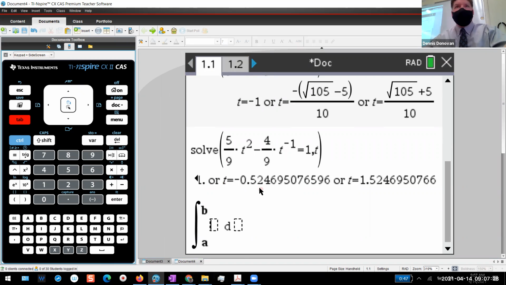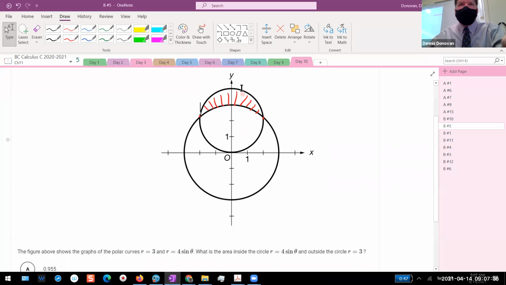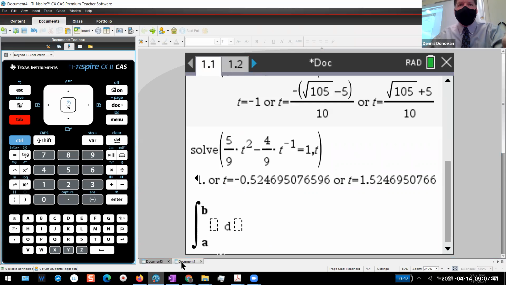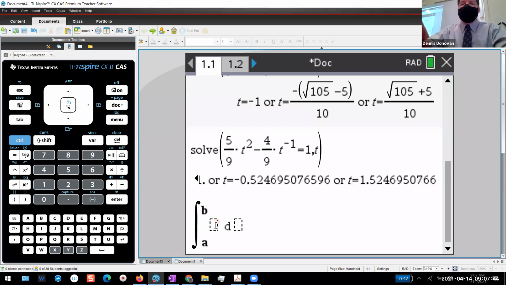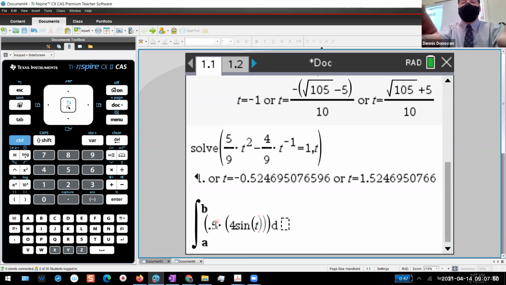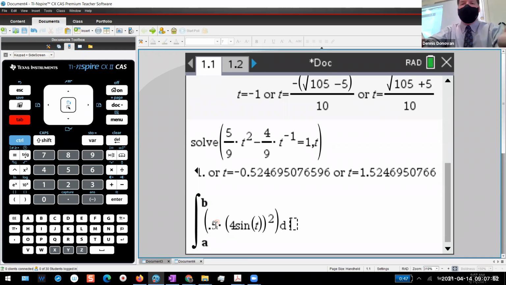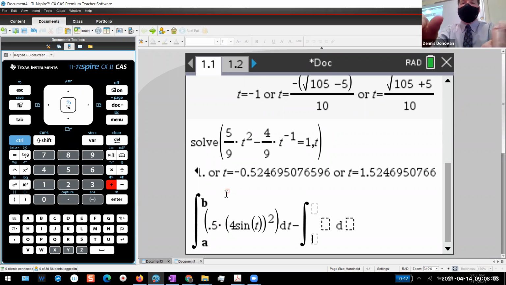of, now which one's the outside? Let's just do the two integrals. The top integral is the 4 sine theta integral. So this is 1/2 times 4 sine t squared, outside of that, minus, probably do this one with sectors, but I'm just going to do it.